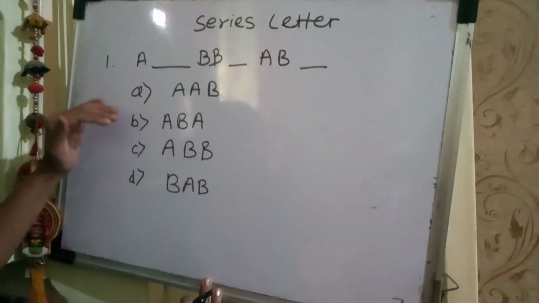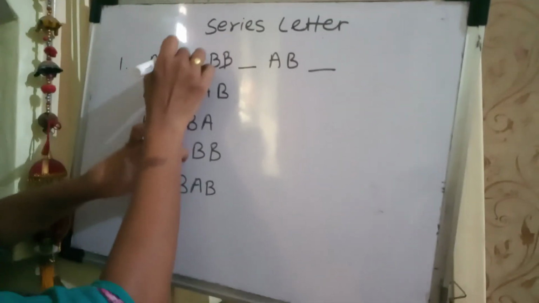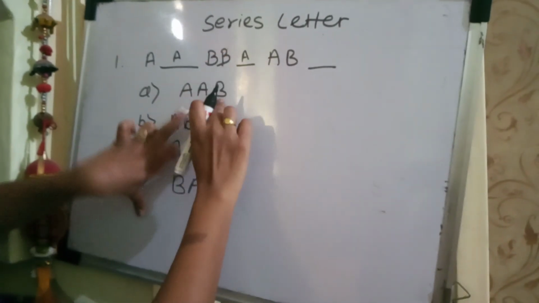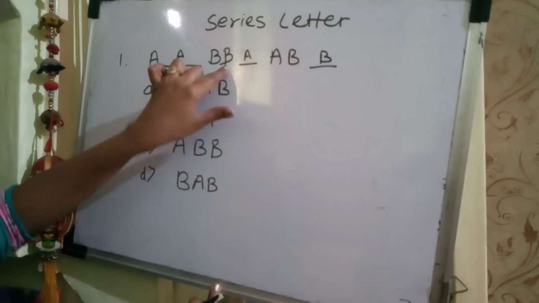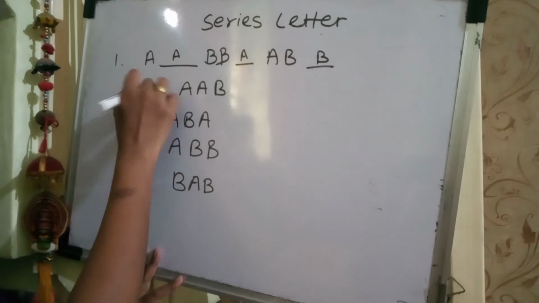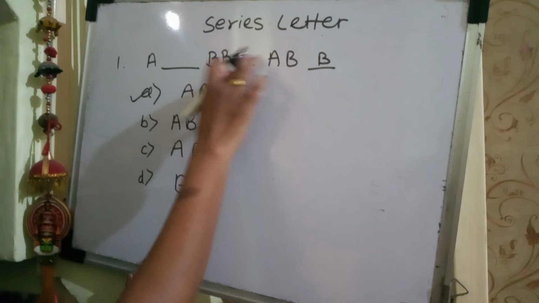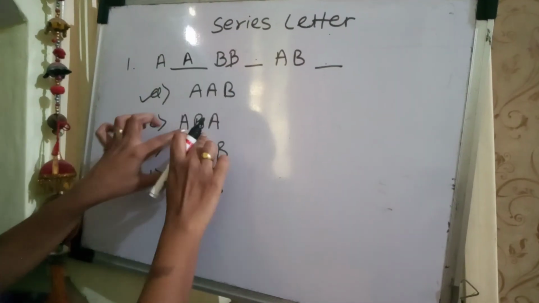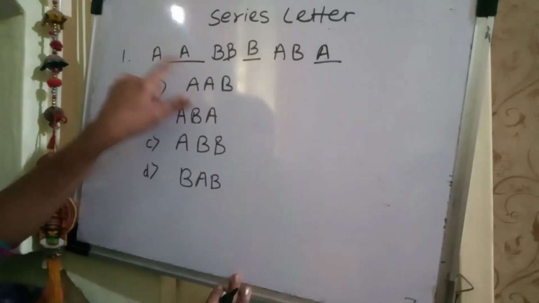Now we'll see one by one. Okay, see this one A. Suppose I fill it here A. Okay, again A, and here B. Is the series complete? Double A, double B, again double A, and again double B. So this will be the correct option. Okay, we will try the next one. A, B, A. Does the series get complete?